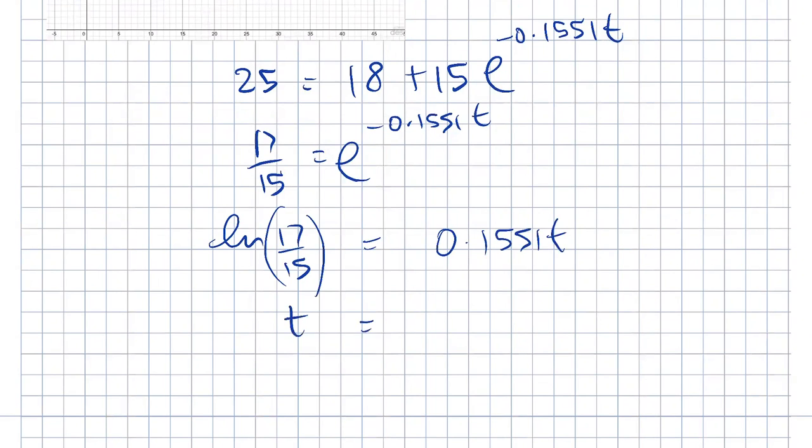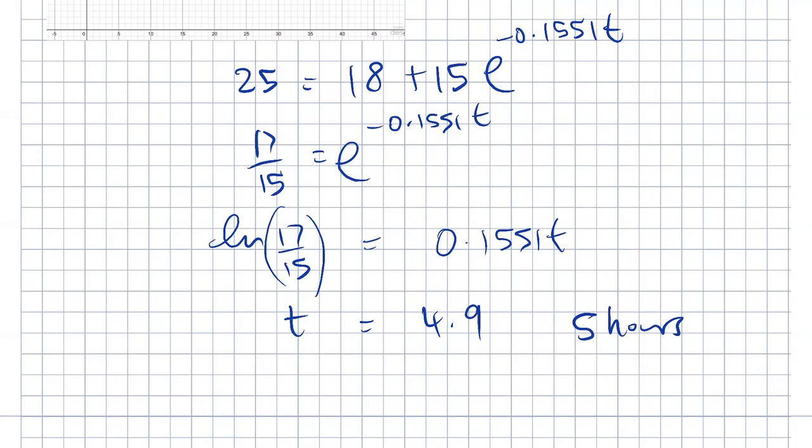We work that out, we will get an answer of 4.9 something. So in other words, it's going to take about 5 hours for the body to cool down to this temperature.